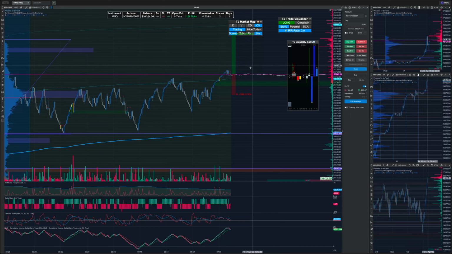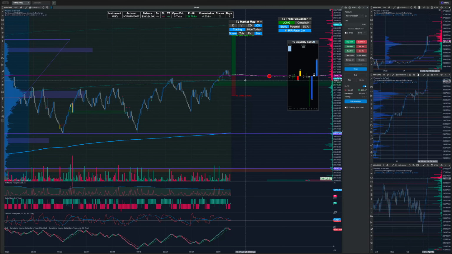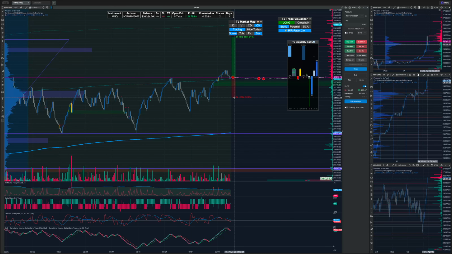So I want to wait until the market goes back down here. I will not enter that market before that. That's going to be 100 ticks, not more. Good here.